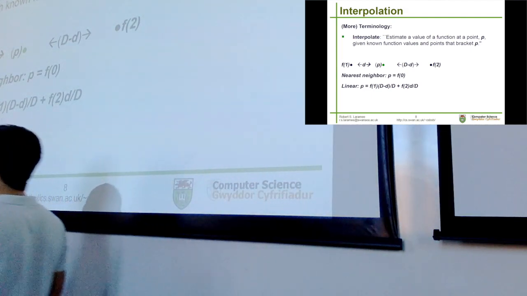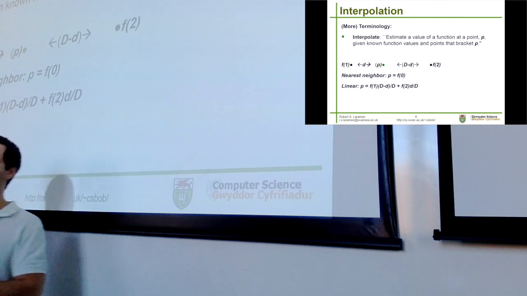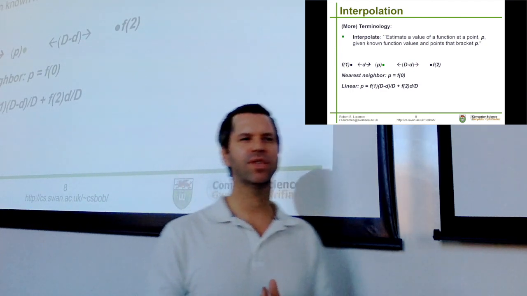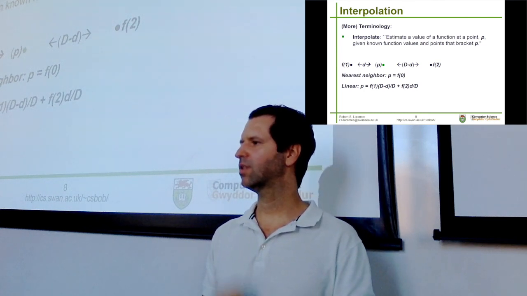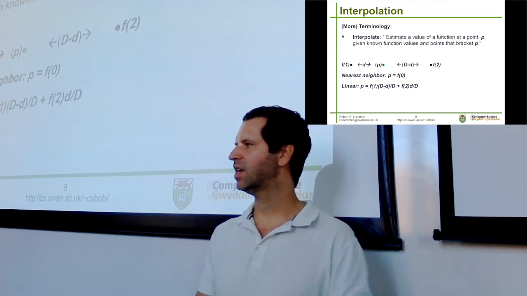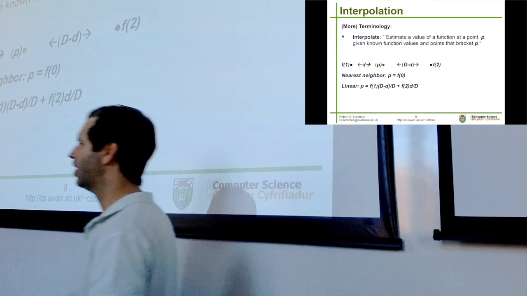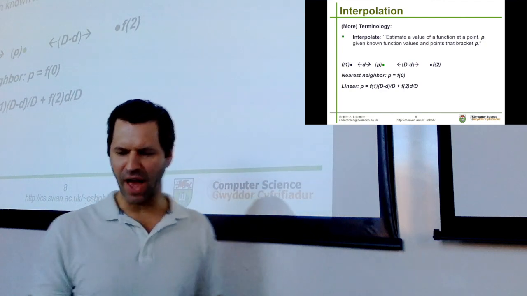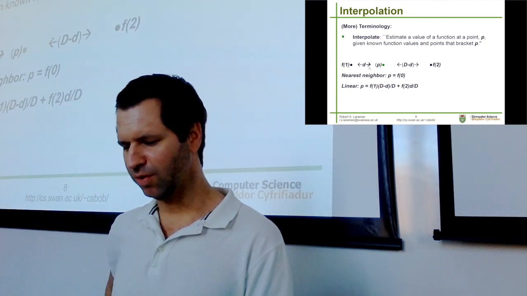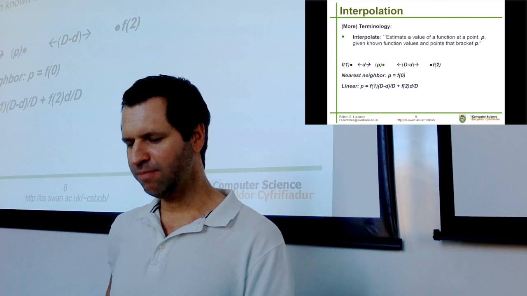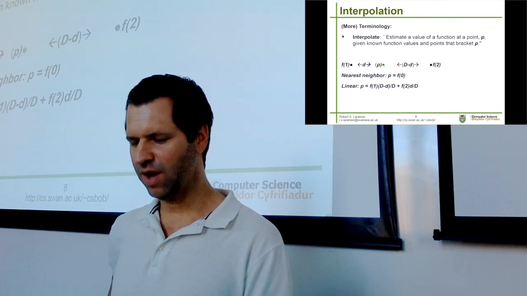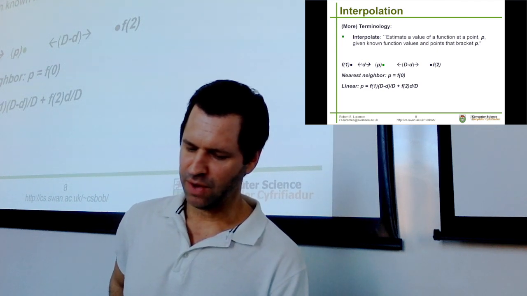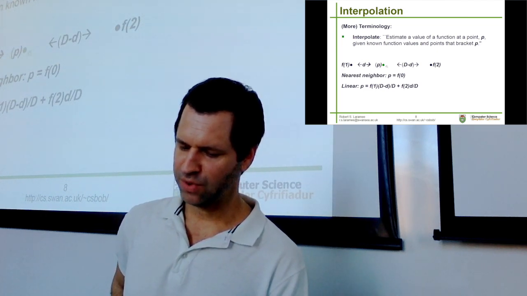Another one is called linear interpolation, and I think you guys have heard of that before from computer graphics. Wasn't that a topic in computer graphics? Linear interpolation, so you get to see it again from a database viewpoint. That's when we take into account the value on both sides of the unknown, and we take into account the distance we are from both sides.